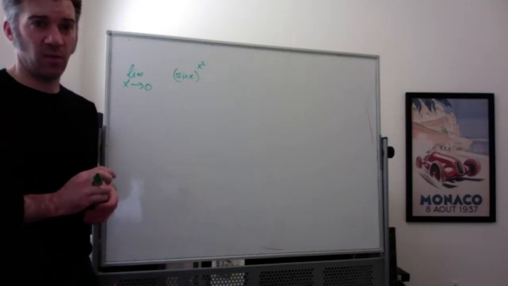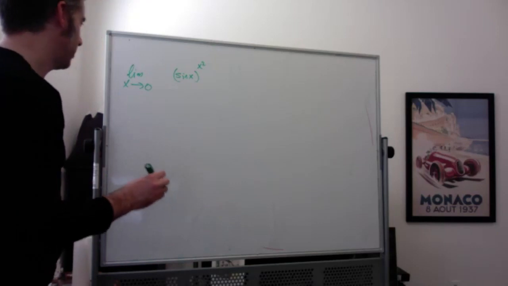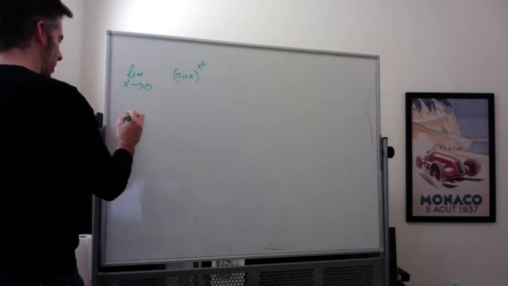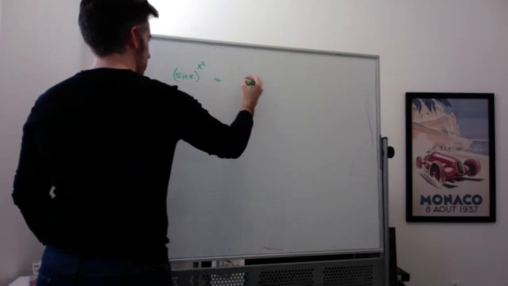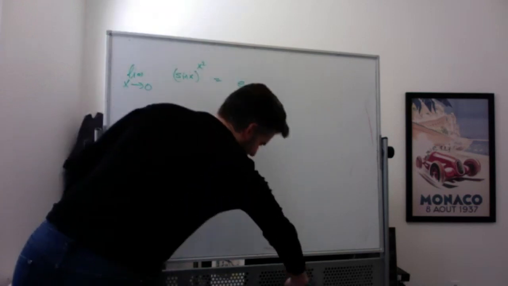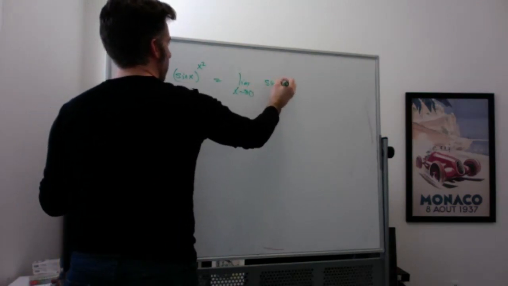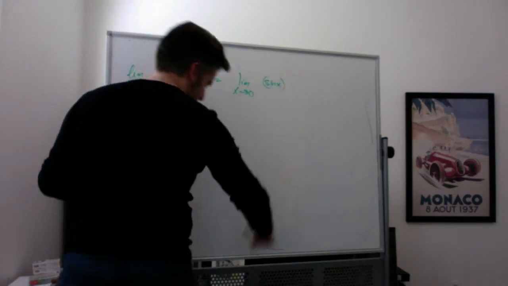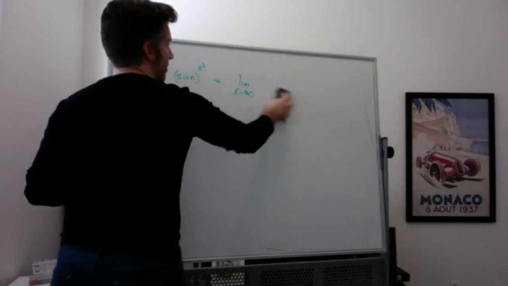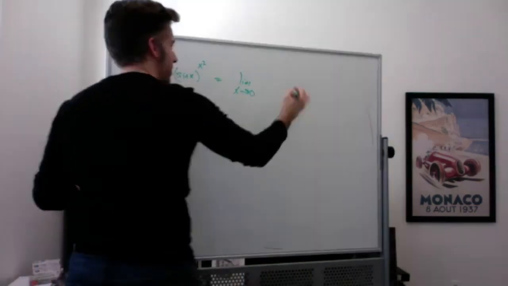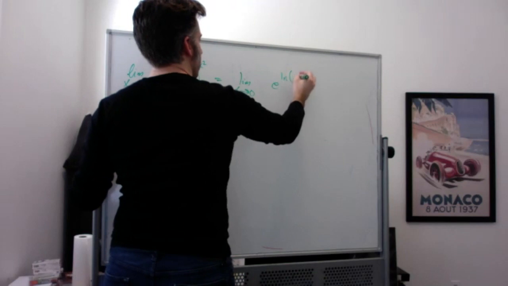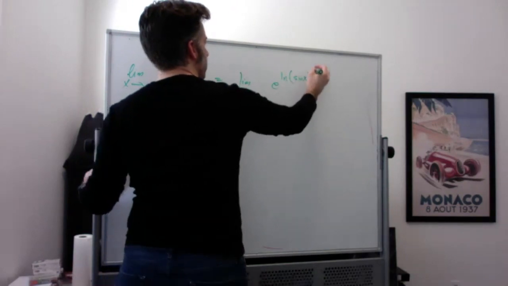Are there any feelings about which way we do this? Meaning, do you prefer that I write it as the limit as x goes to 0 of e to the natural log of sine of x to the x squared? Who votes for this?